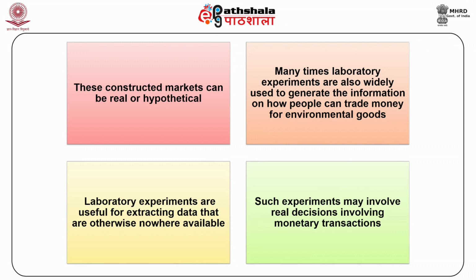Such experiments may involve real decisions involving monetary transactions. This includes example of creating market for buying and selling of permits for duck hunting. These experiments are very costly to hold or construct and involve non-random selection of samples like students from related fields. Therefore, it is difficult to generalize the results.